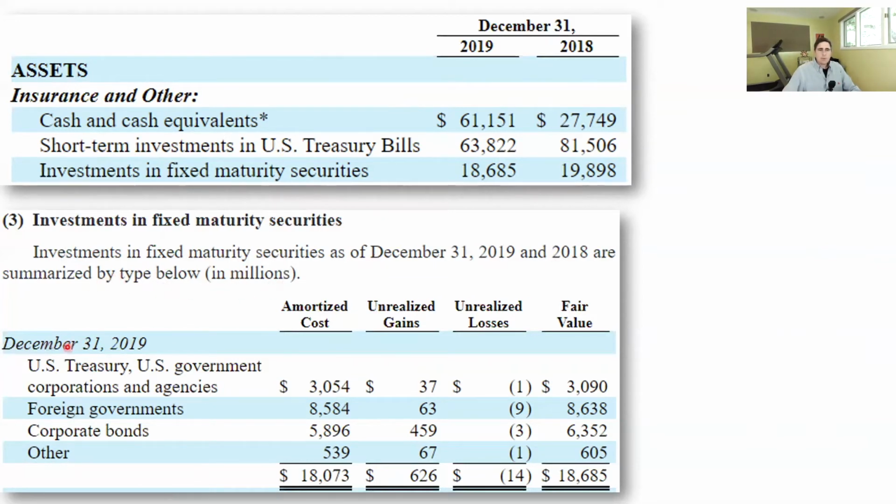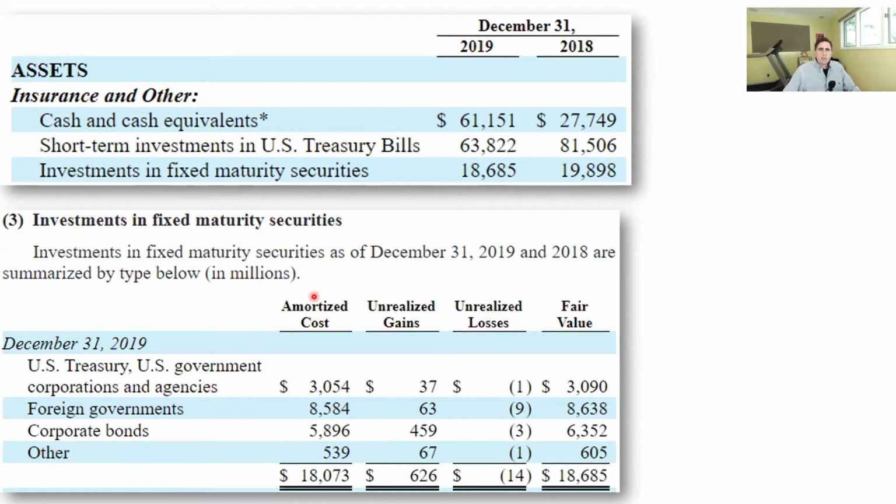So at December 31st, 2019, Berkshire Hathaway owns investments in U.S. Treasury debt securities, U.S. government corporations and agencies, foreign governments, corporate bonds, and other. So those are the types of debt instruments that Berkshire Hathaway is invested in at December 31st, 2019. And now let's look at the columns of this table.